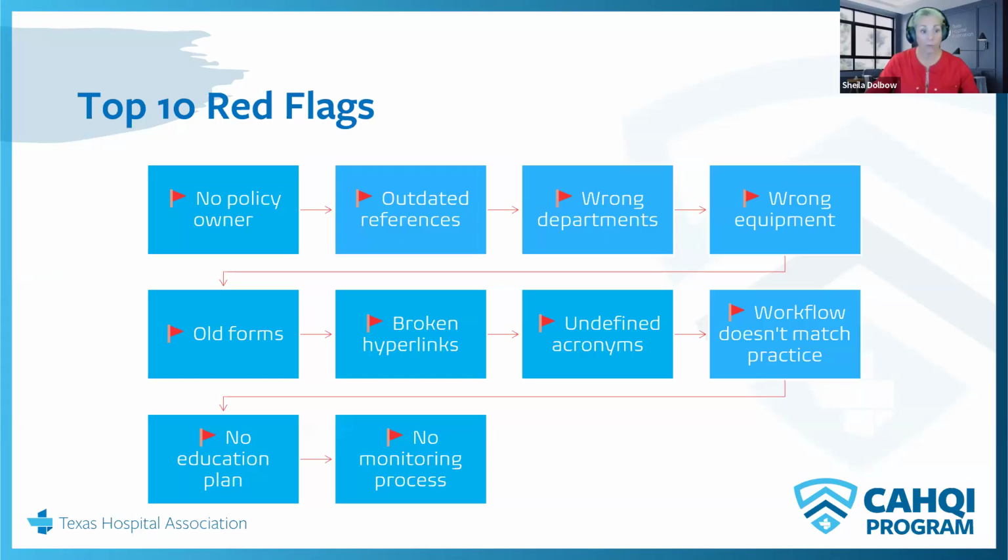Is that the current forms that you're supposed to be using, or are there still copies of some outdated form? Those broken hyperlinks, we have to make sure we check those. Undefined acronyms when we're throwing things out there that nobody else really understands. If the workflow does not match the practice, and of course, there's no education plan or no monitoring process to something that you went to put together.